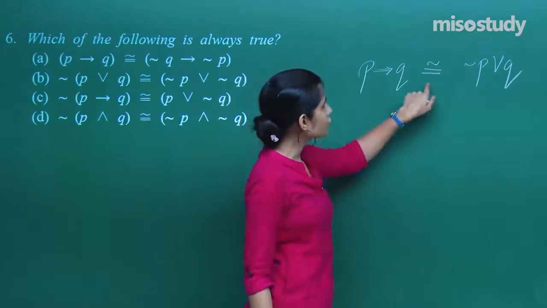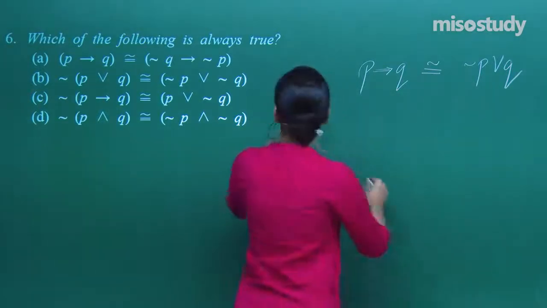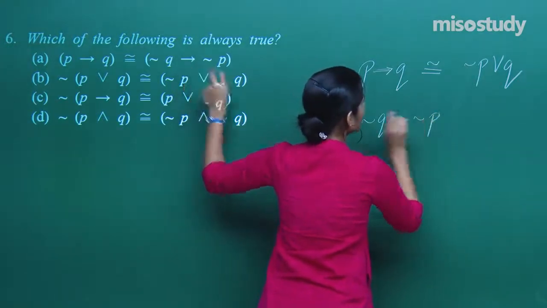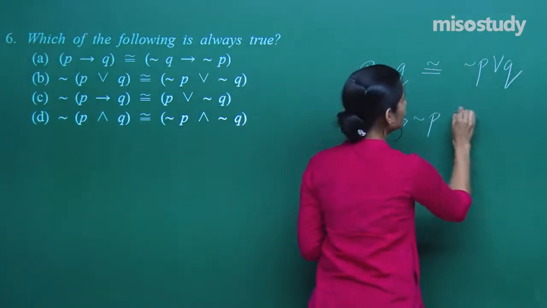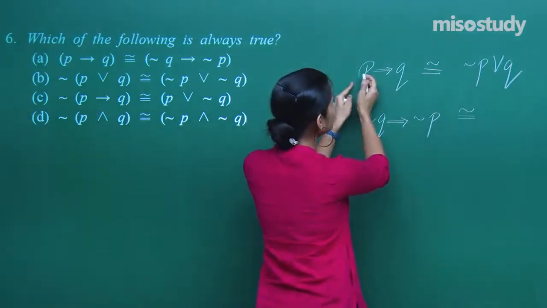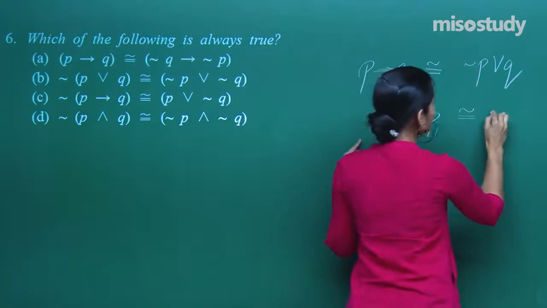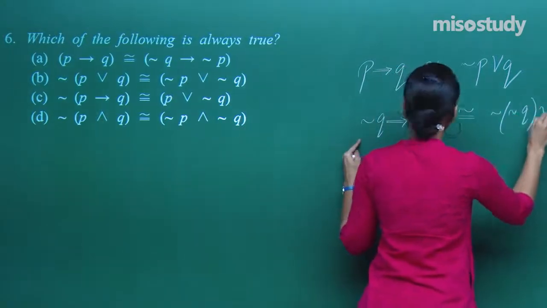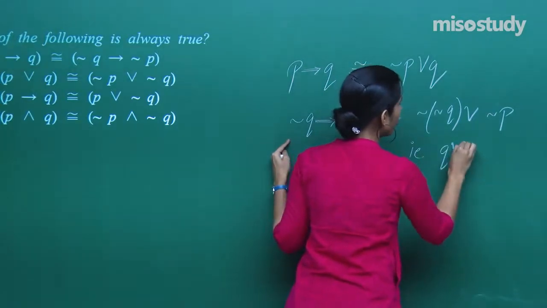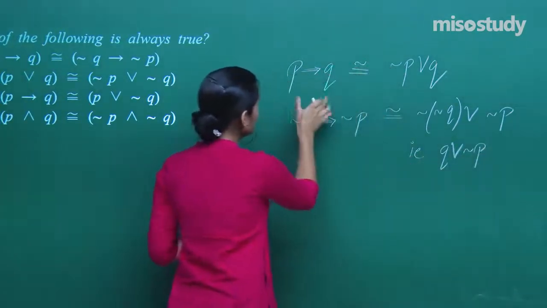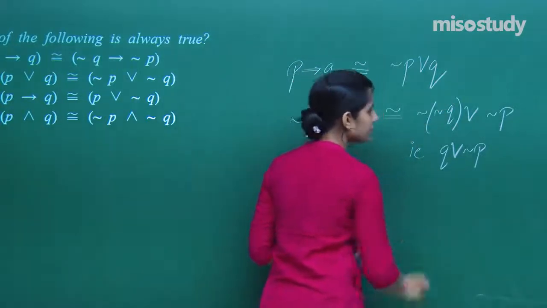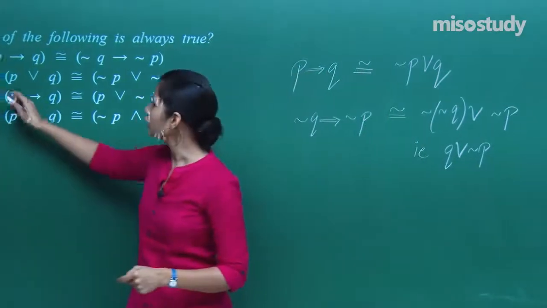So not Q implies not P will be logically equivalent to not of the first statement or second statement, that is Q or not P. So this is also logically equivalent to not P or Q. Therefore, they both are logically equivalent to each other.